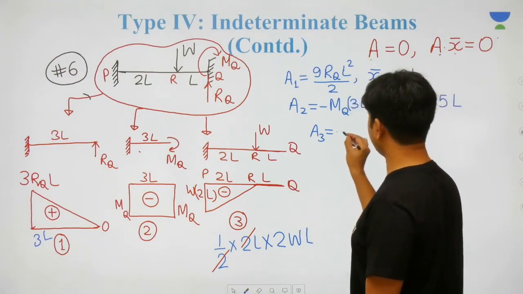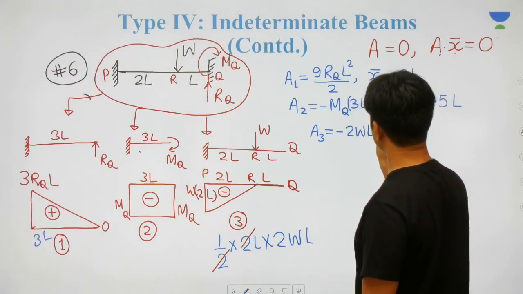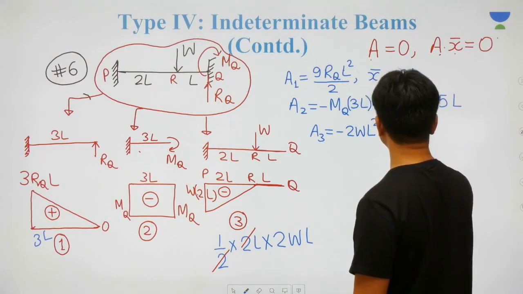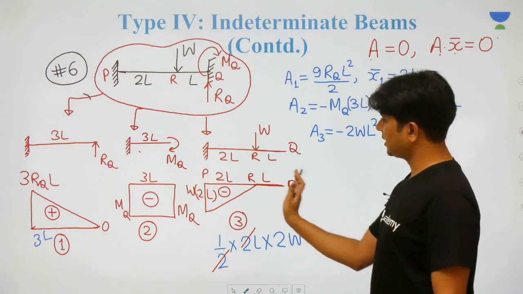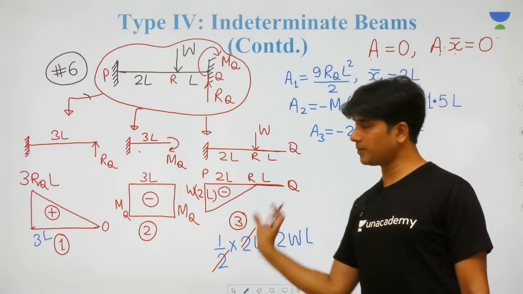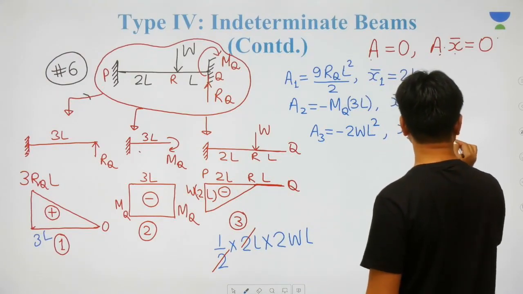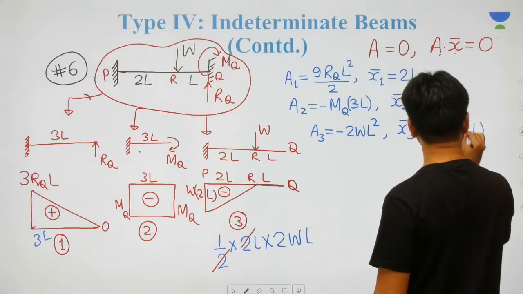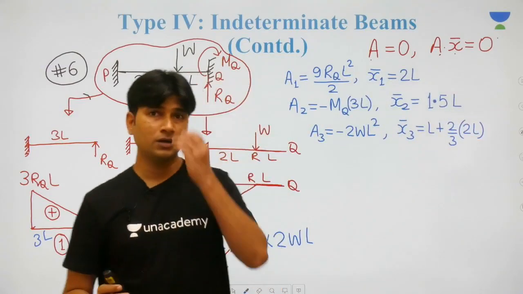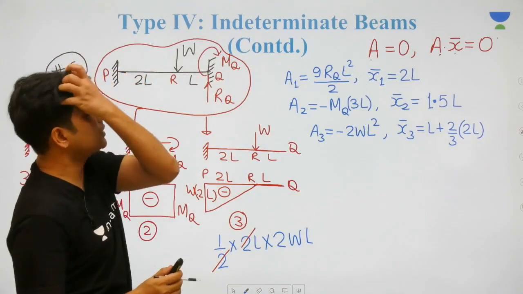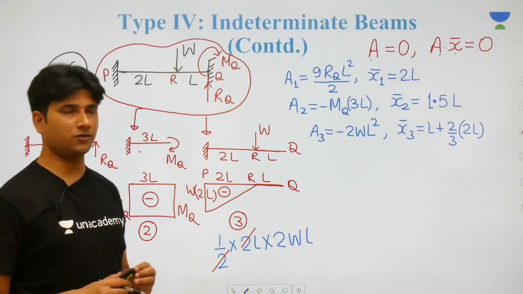And then x3 bar is L plus 2/3 of 2L. This is the x3 bar value. Now you have A1, A2, A3 and x1 bar, x2 bar, x3 bar values.